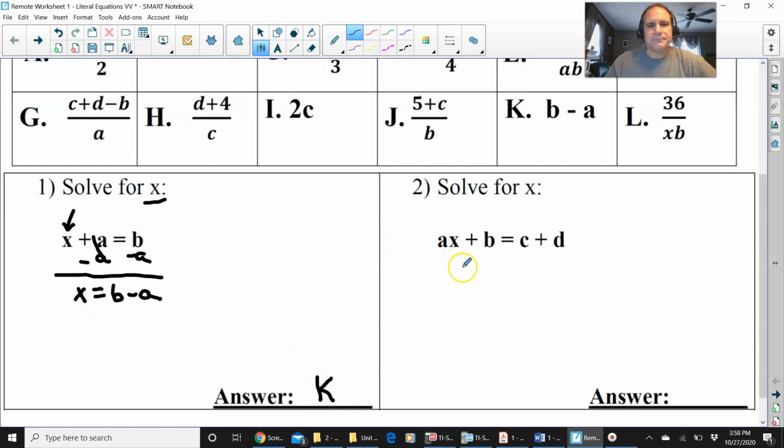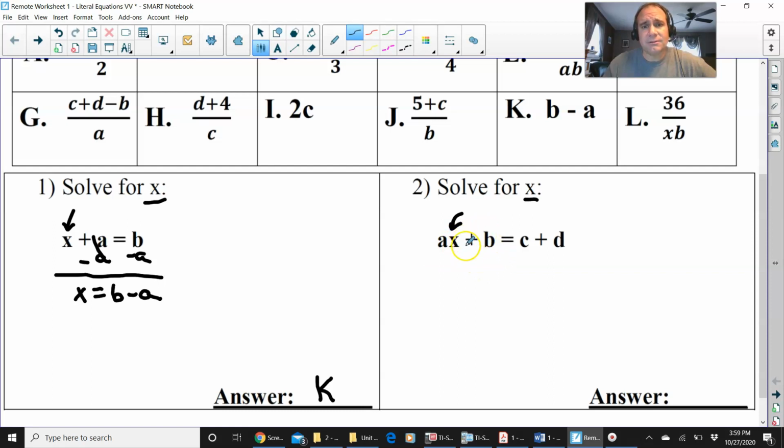All right. Solve for x, and I'm going to put a little arrow right above there. That's what I want to solve for. So at the end, I know that has to be the letter, the variable that is alone. So I am going to start moving things away from the side where that x is, and I'm not going to worry about the a times x right now.